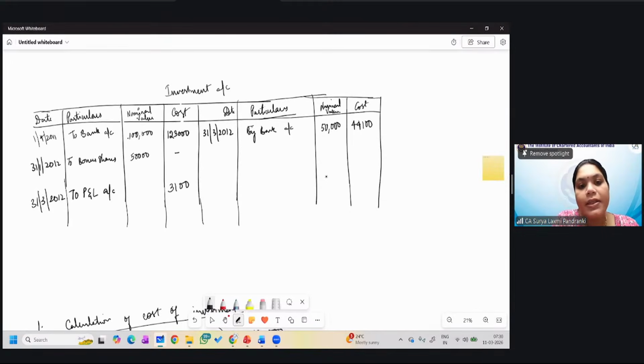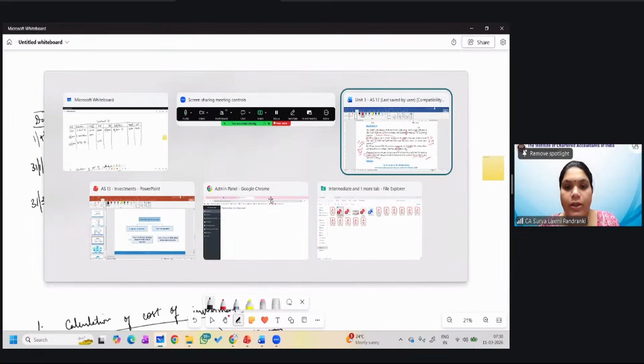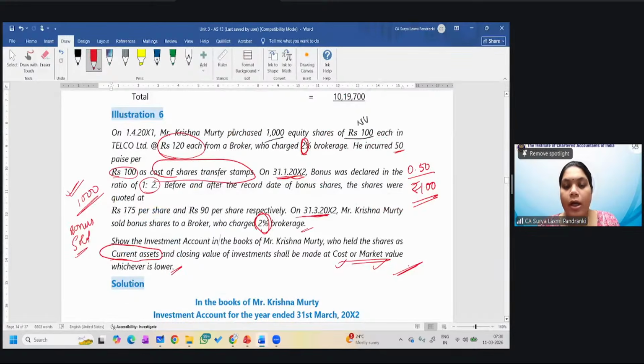Now calculate the balancing figure and tell me which side it is on. Calculate the balancing figure, because we don't have any other transactions in the question. The question only talked about purchase, then bonus, then a sale. That's it. After that, they're asking you to calculate the closing value of investments, which should be at cost or market value, whichever is lower.